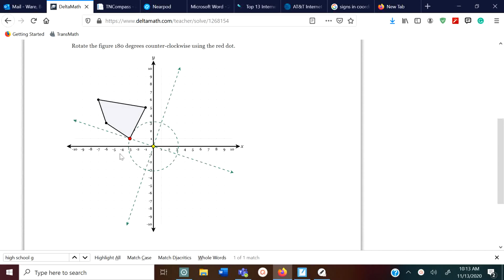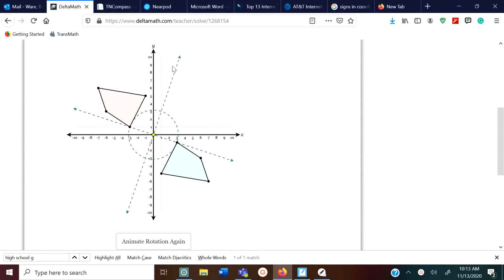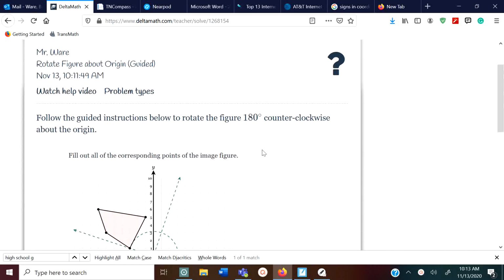Now we're going to drag it 180 degrees. We're going to drag it from the red dot over till we meet that line. Notice how you don't really even need this line. You just need this one on the 180. But they make you put that line in there regardless. And you get a rotation here of 180 degrees. Did I go counterclockwise? Yep.